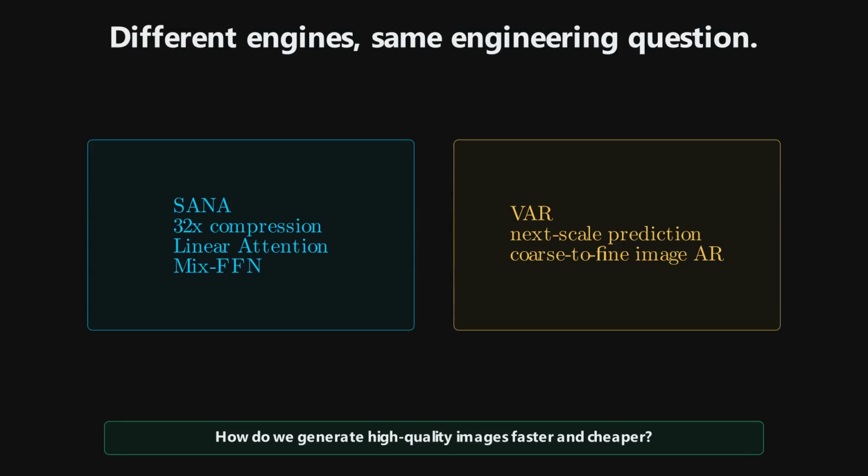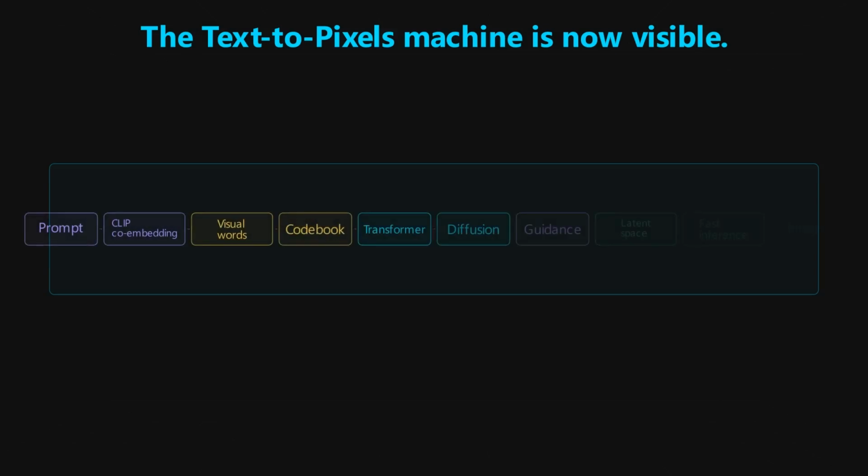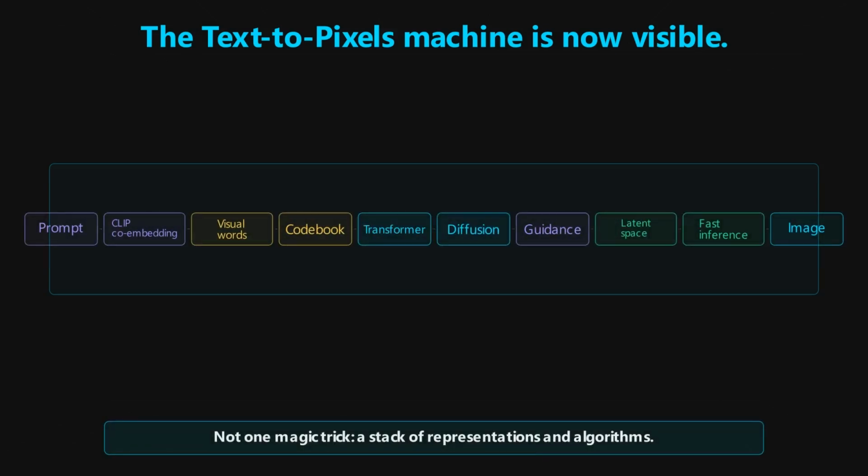The future is not only about bigger models. It is about smarter representations and more efficient paths through them. Now that all the pieces are on the table, the final message becomes clear. The question is not only, which model is stronger? The deeper question is, how do we represent images in the first place?